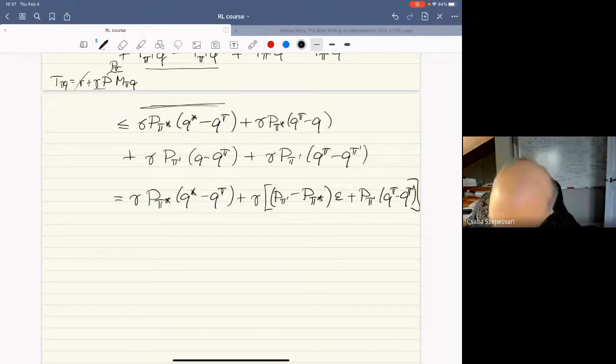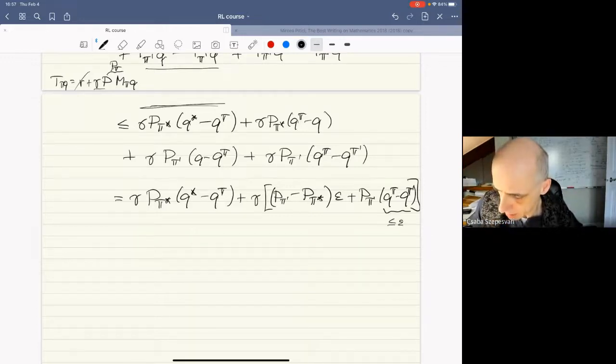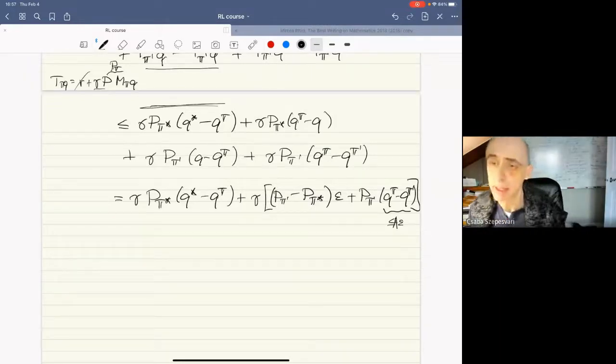So if we somehow had an epsilon here, so if we are able to upper bound this by something times epsilon, then we will be very happy.